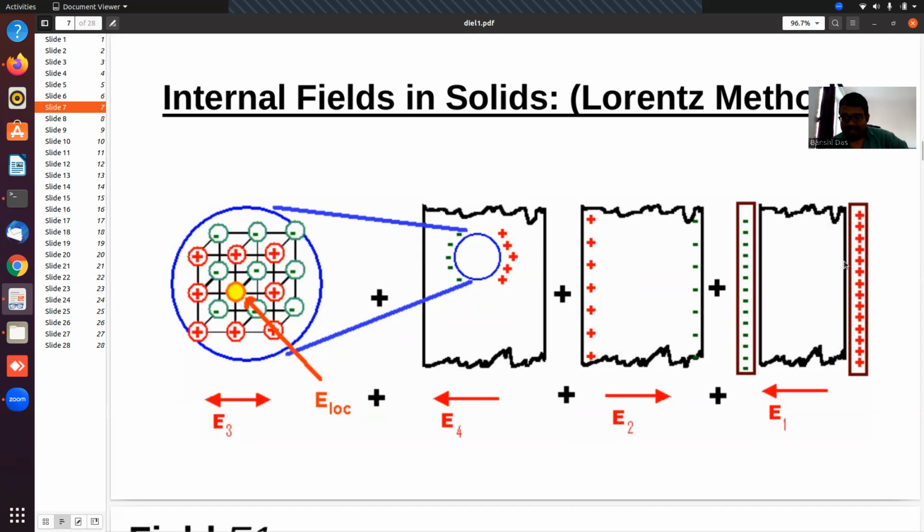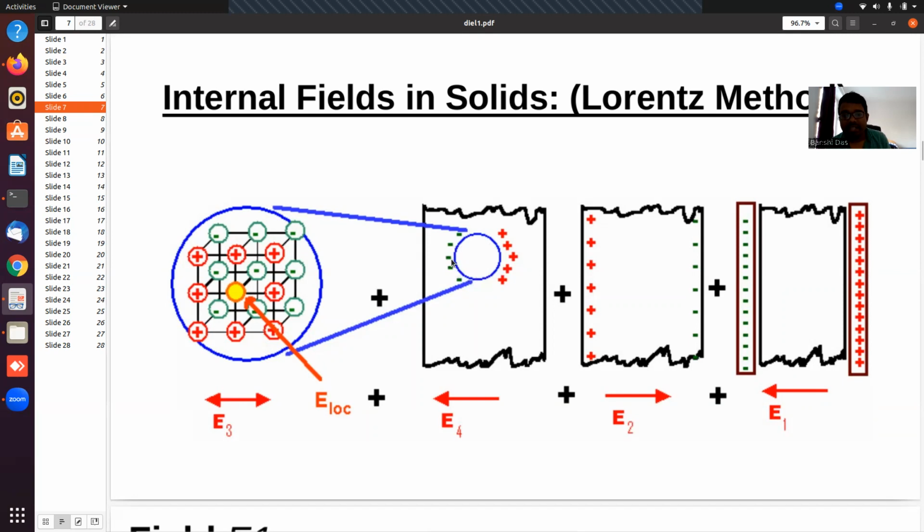Due to that, they will induce an opposite charge, meaning this is negative and here is positive on the dielectric surface. Okay. Now if we go to a local point inside the dielectric, at the microscopic level, around that we can think in terms of a sphere.